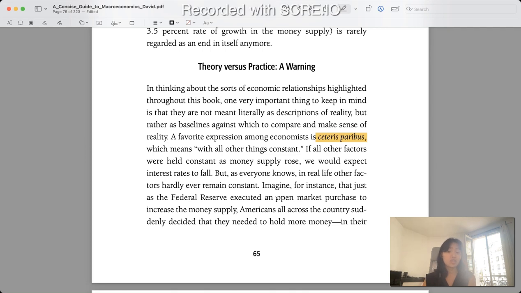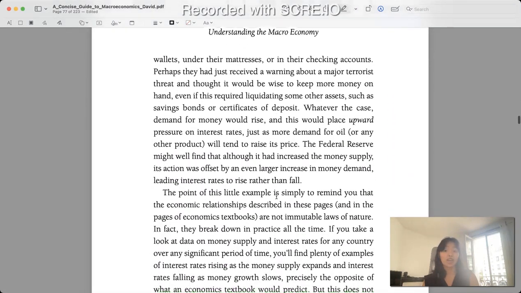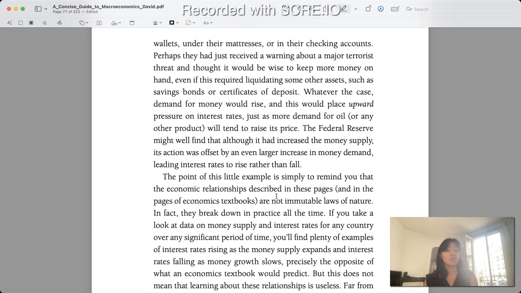Imagine, for instance, that just as the Federal Reserve executed an open market purchase to increase the money supply, Americans all across the country suddenly decided that they needed to hold more money in their wallets, under their mattresses, or in their checking accounts. Perhaps they had just received a warning about a major terrorist threat and thought it would be wise to keep more money on hand, even if this required liquidating some other assets, such as savings bonds or certificates of deposit.